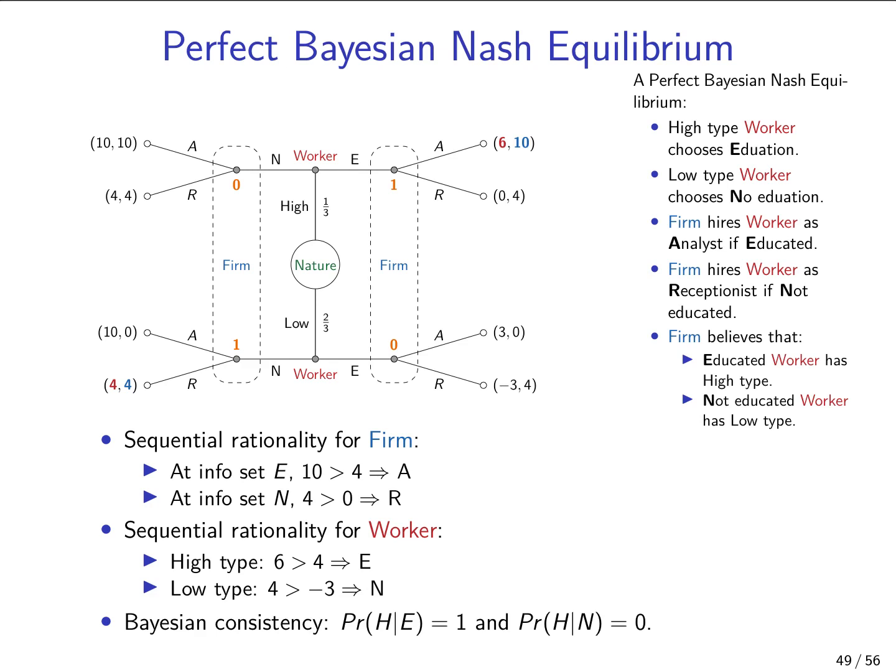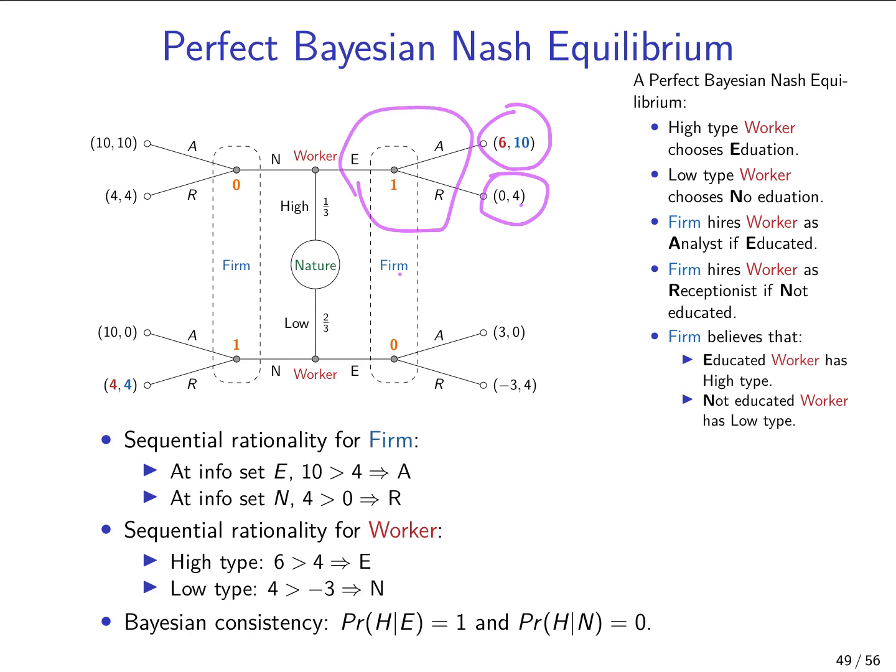And to wrap it up, we also mentioned this before, sequential rationality means that at this information set, after observing education, 10 is going to be greater than 4 because with probability 1 the firm knows it is here.